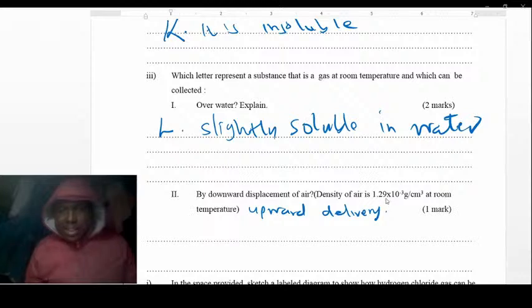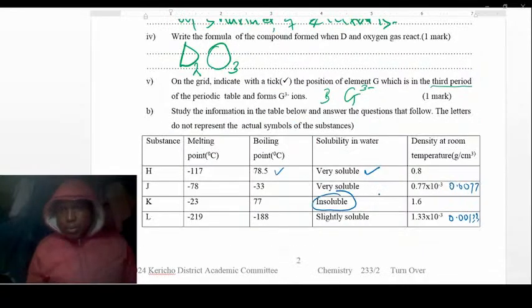We have been given the density of air. You analyze that the density of air is 0.00129. So we go back and check which one is less dense than that. You can see L is 0.013 and that of air was 0.012, so L is somehow denser.